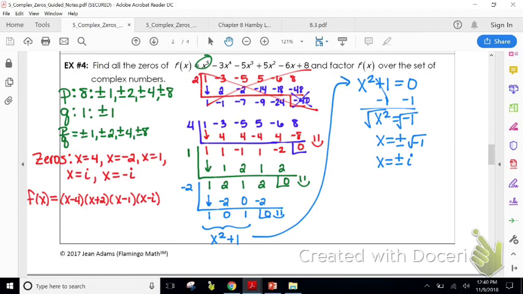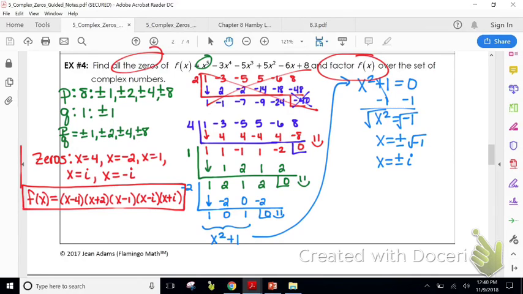Which way do you want us to write it? It said to put it in factored form, so that's what I did there. But it also told me to get the zeros, so that's what I did right above that. So there's the two answers that it was looking for.